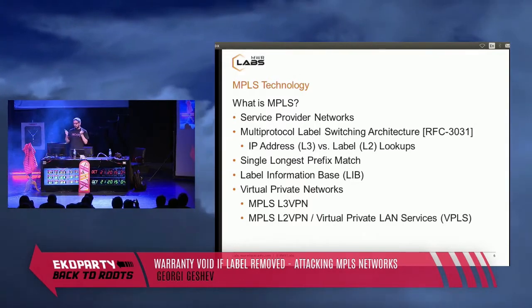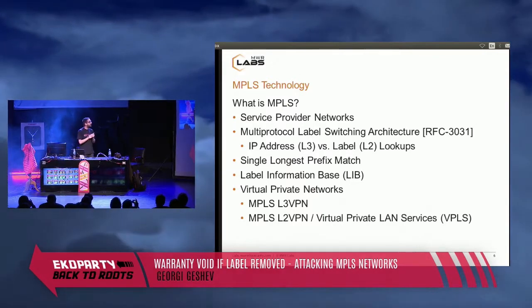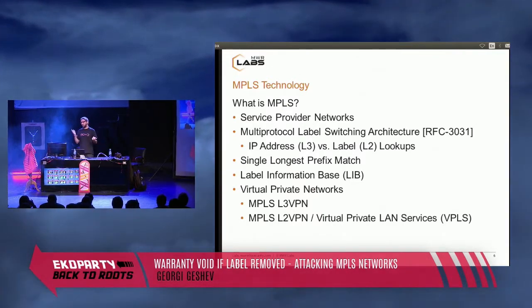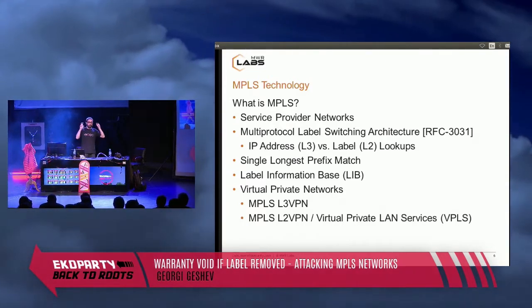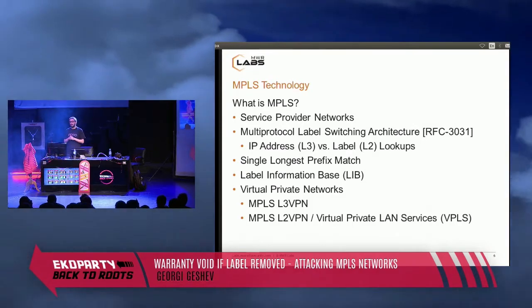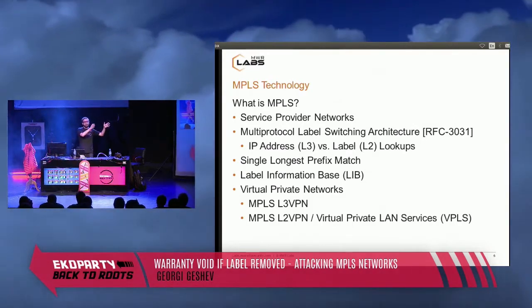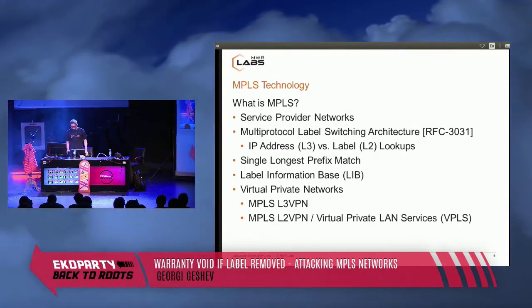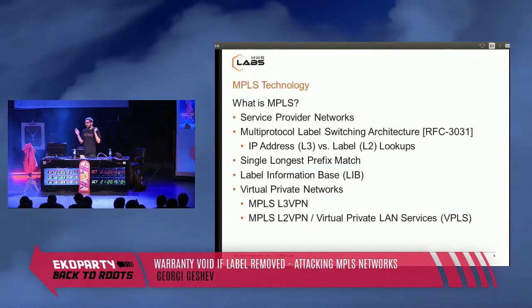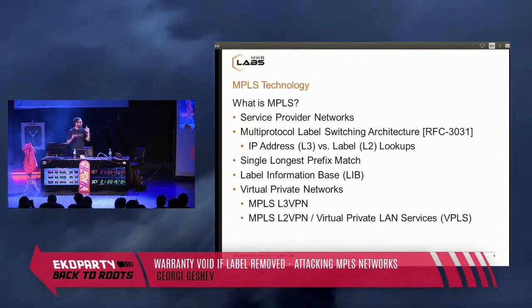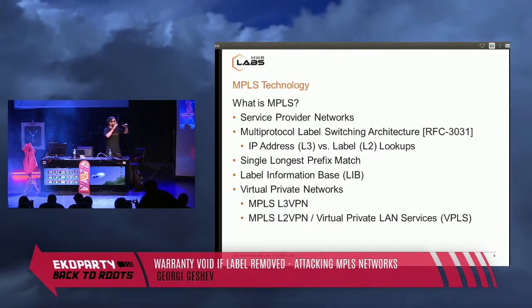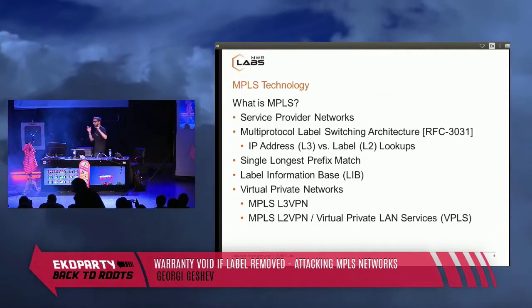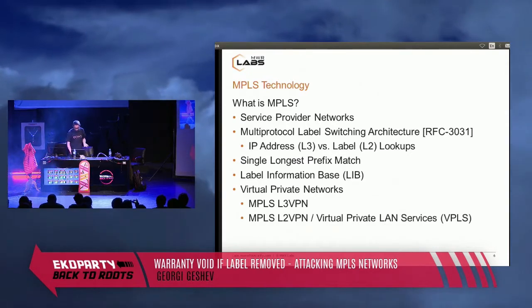So as I said, single longest prefix match and then lookup in what is called the label information base, which is basically a routing table for MPLS, where IP addresses correspond to labels. Service providers use MPLS as an underlying technology to actually build layer 3 and layer 2 VPN solutions on top of it.